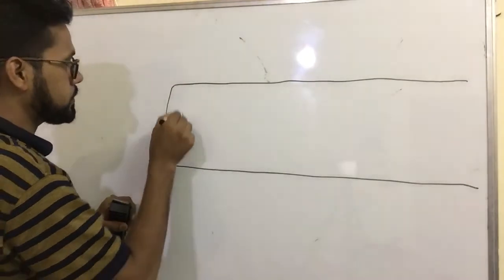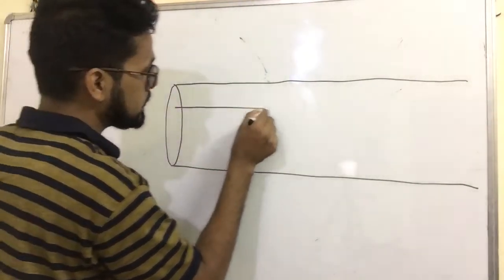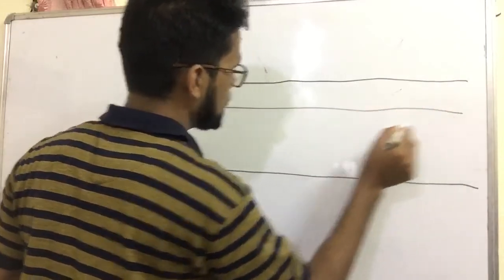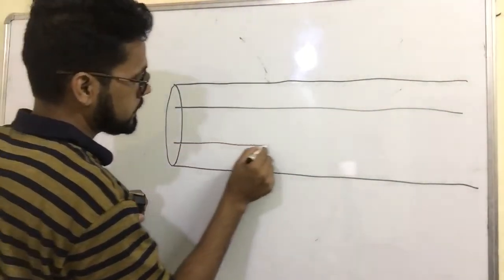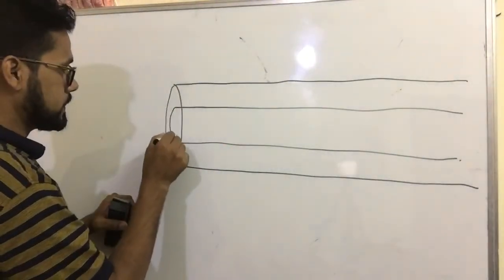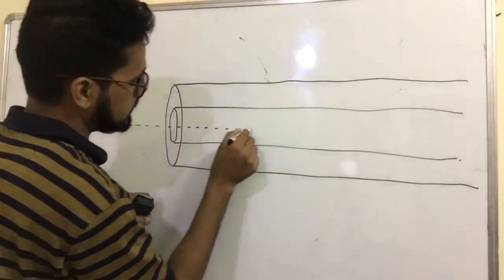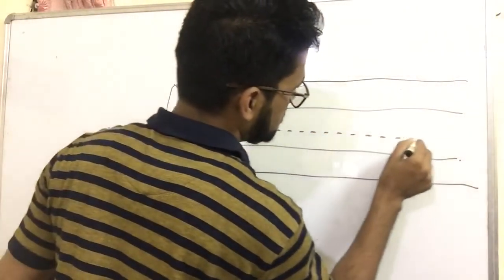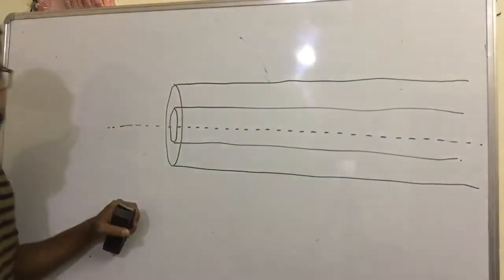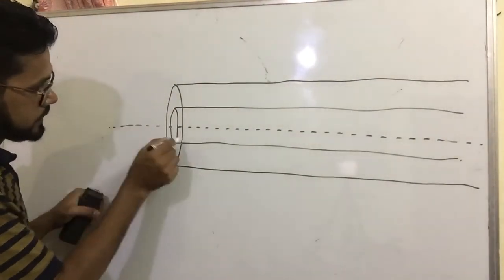This is a section of cable, okay, and this is the inner side. This is the coaxial axis. So a ray from this side and this side.